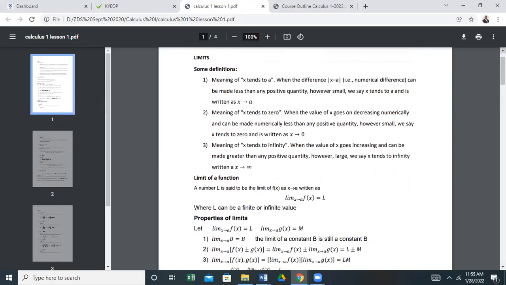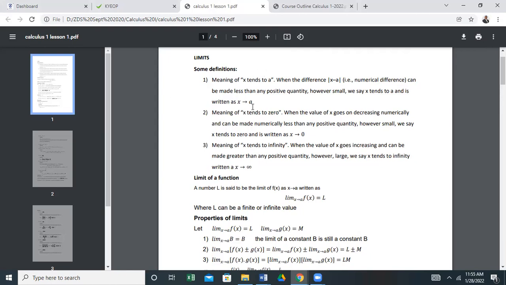So I first said when my x is tending to a, we are getting the numerical difference in a manner that any positive quantity, however small, we are going to talk of x tending to it. Could be 1, could be 0.00007. We are talking of the smallest numerical difference of x towards that constant a.